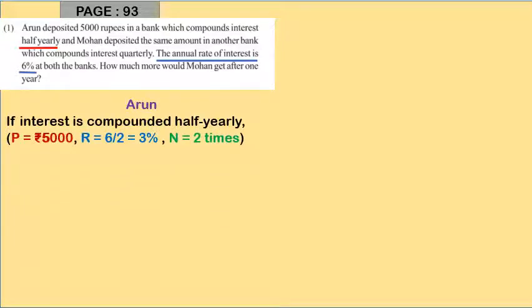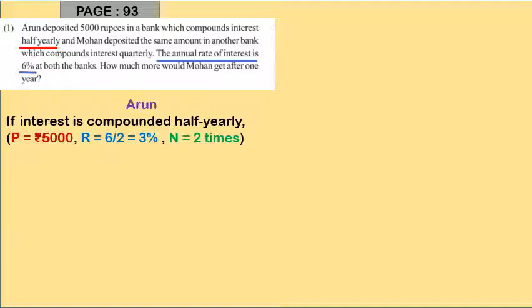Let us consider Arun first. Arun deposited 5,000 rupees in a bank which compounds interest half yearly. So write, if interest is compounded half yearly, principal P equal to 5,000 rupees, rate of interest R equal to 6 by 2, that is 3%.